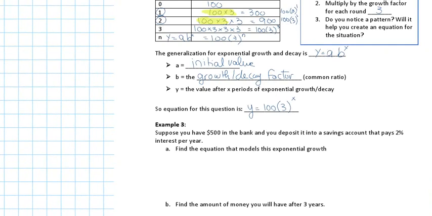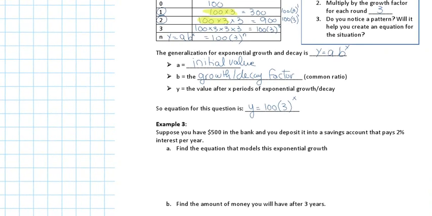It's easy if I know my growth or decay factor, okay? So if I know that it's tripling, or I know that it's doubling, or I know it's halving, it's easy.